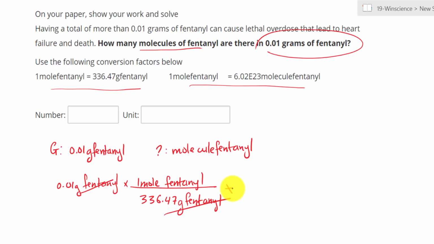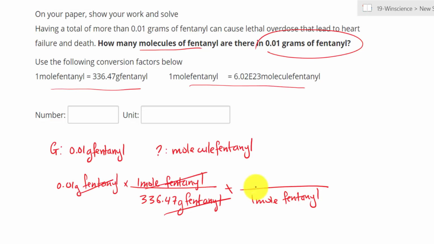Now we multiply by the next conversion factor to get our molecules of fentanyl. So this is mole of fentanyl, and therefore the 1 mole of fentanyl will be on the bottom. And that's the beauty of using conversion factors. It's like a puzzle. You just need to know where to multiply and what to multiply by to cancel out the unit.